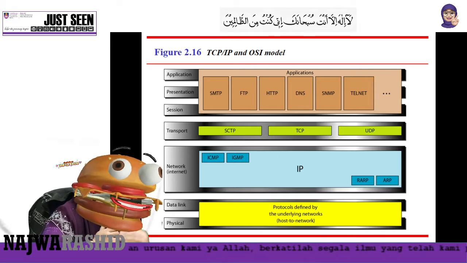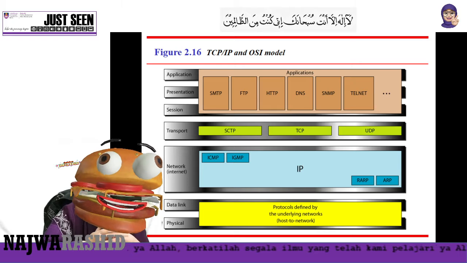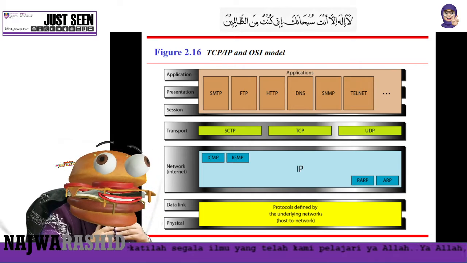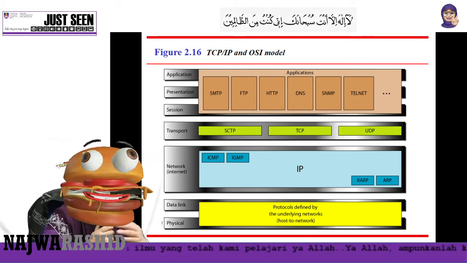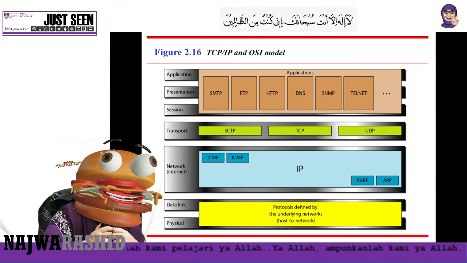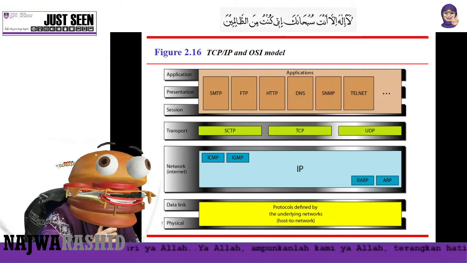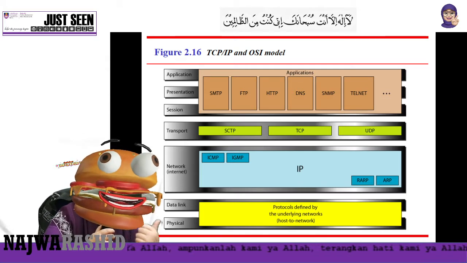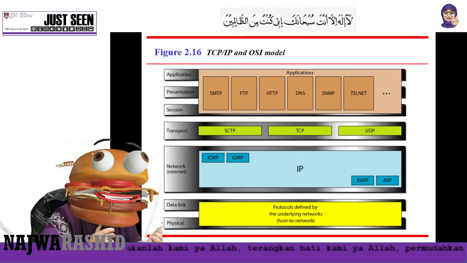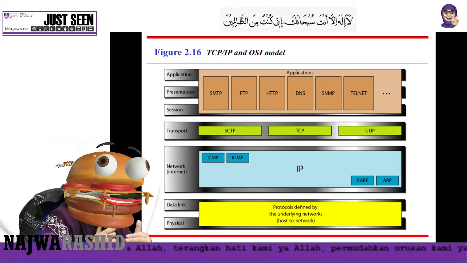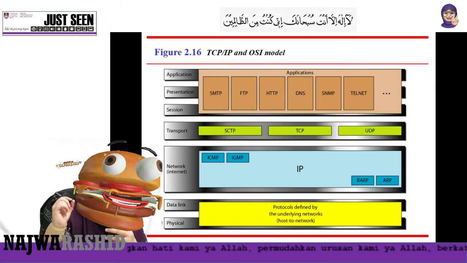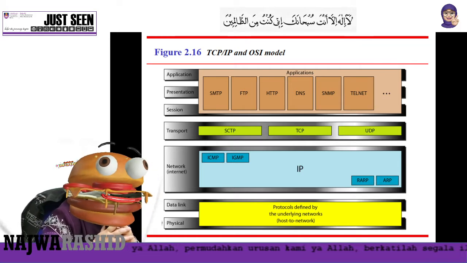Under the internet layer in this model, we have the internet protocol or IP addressing, ICMP, IGMP, RARP, and ARP. Those protocols are at the network layer.